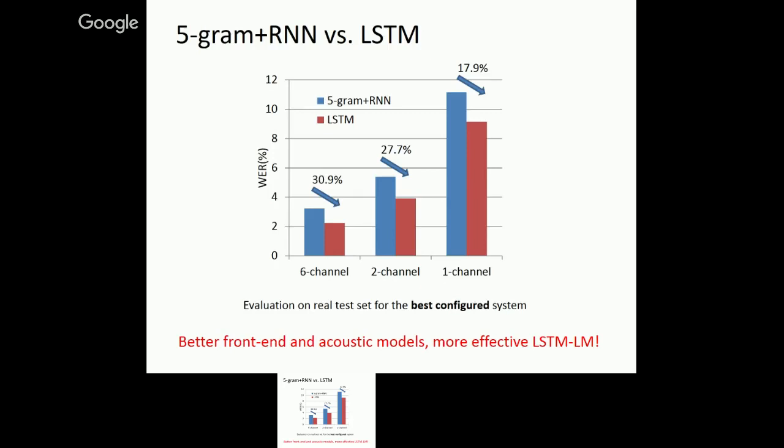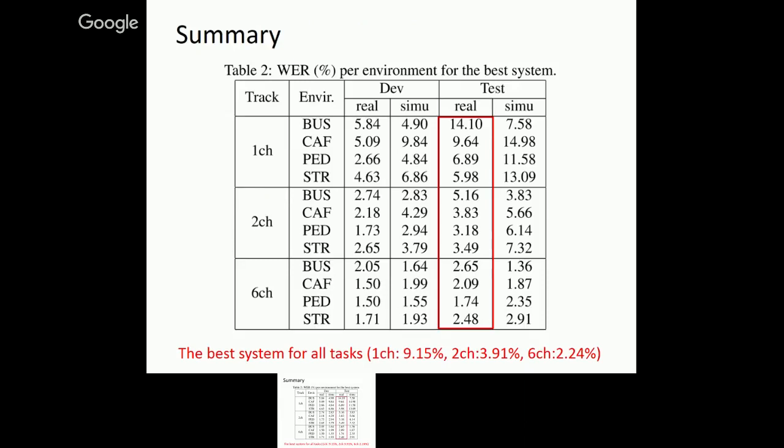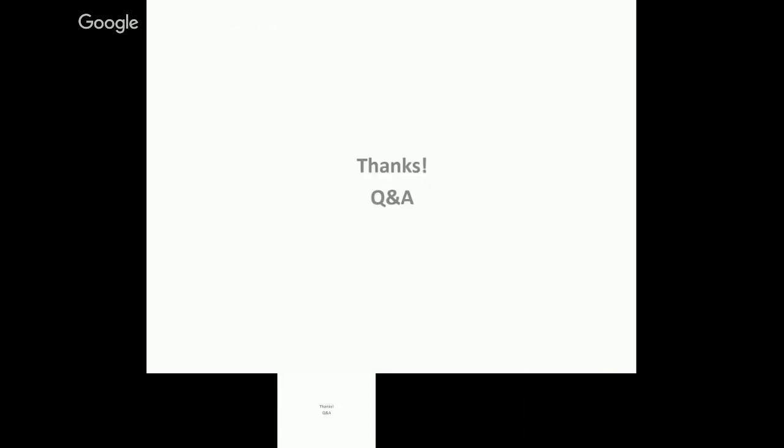This implies that if you have a better acoustic front end and acoustic models, the more effective the LSTM language model is. As a summary, we listed the results here for different environments and different test cases. That's all. Thank you.